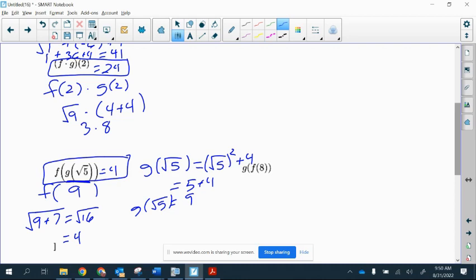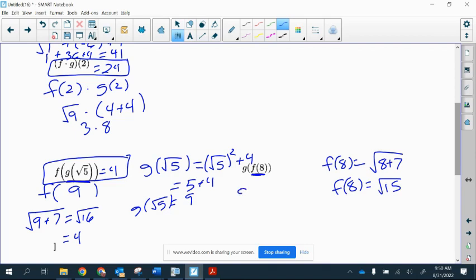We could do the same thing for g of f of 8. That would mean that we're inputting the 8 into f first, and then the result, the outcome, we would input into g. So finding f of 8 first would give us the square root of 8 plus 7. This gives us that f of 8 is the square root of 15.